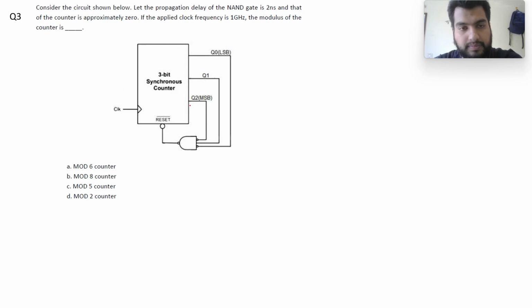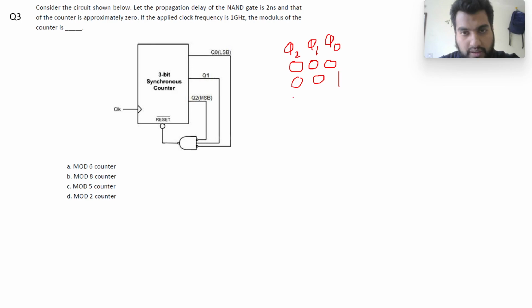So let's first assume that there was no delay for this NAND gate. If there was no delay, what would have been the modulus of this circuit shown here? The counter will have started from 0 0 0, so Q2, Q1 and Q0. Then it will have gone to 0 0 1, then to 0 1 0.